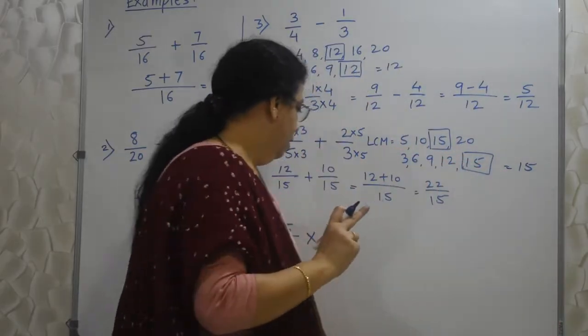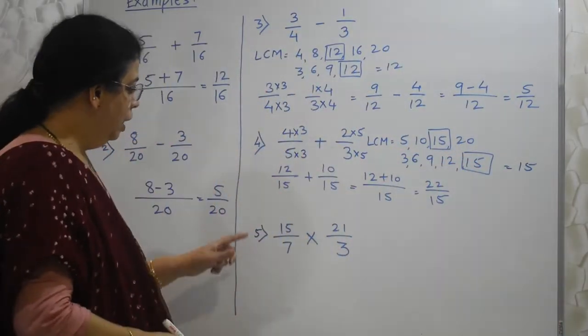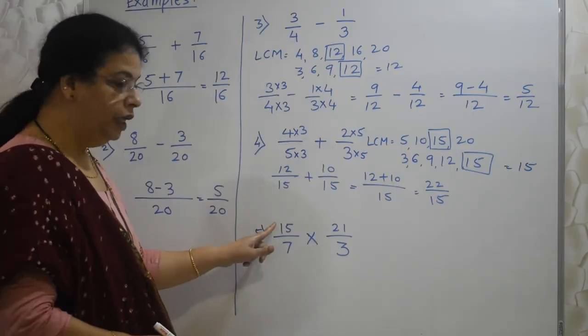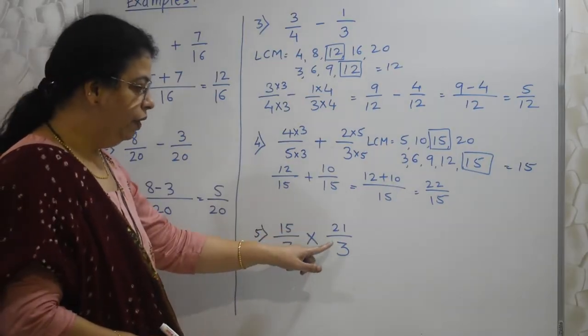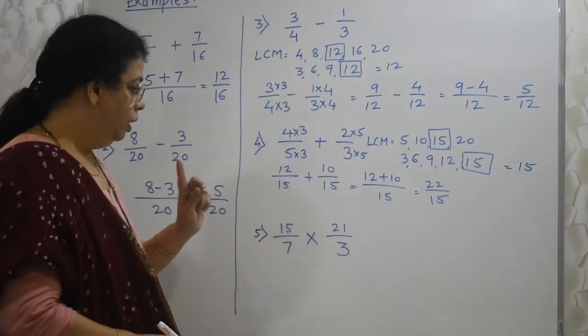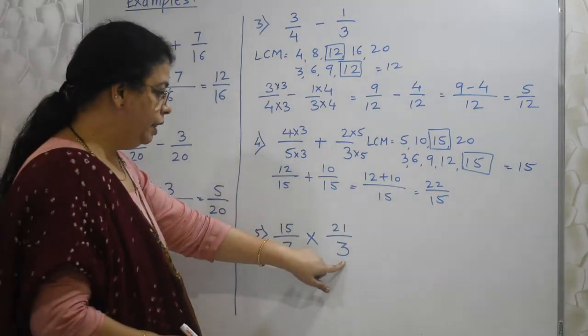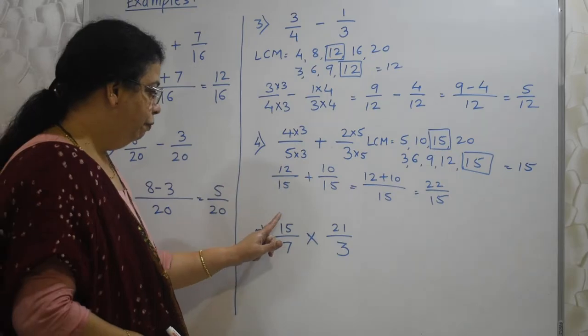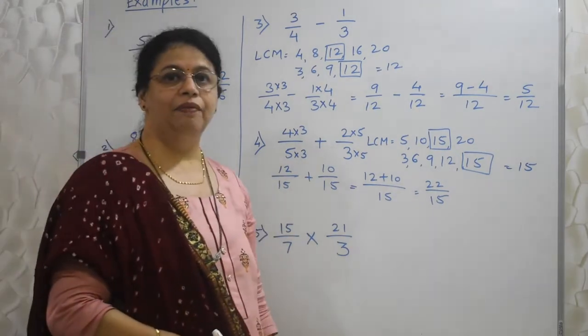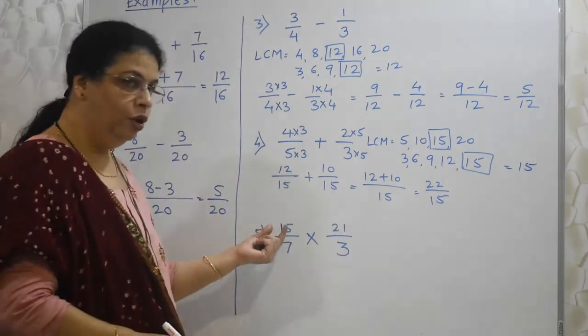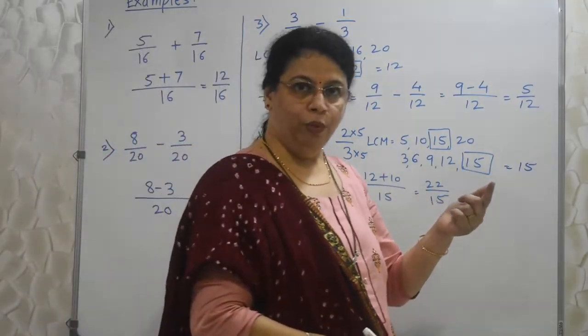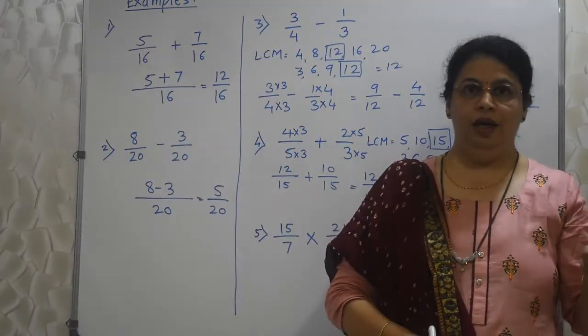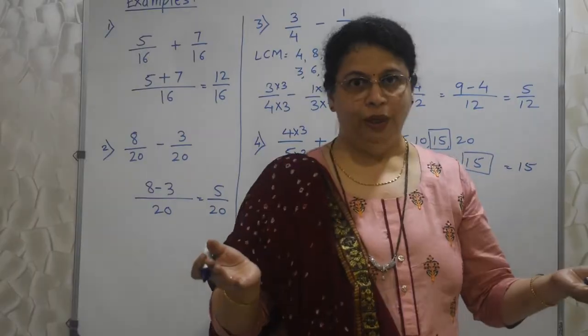Okay, I will explain. Observe the numbers. 15 upon 7, 21 upon 3. Now in 3's table 15 comes because in short 15 is completely divisible by 3. How do you know? I will upload one more video on divisibility test. Most of you all already know, I believe.